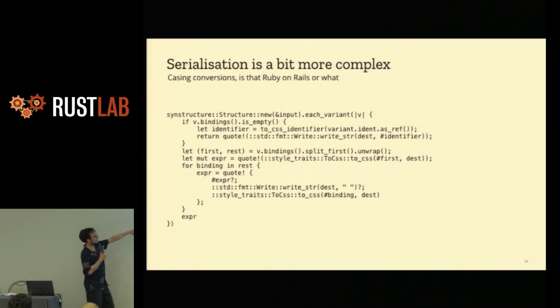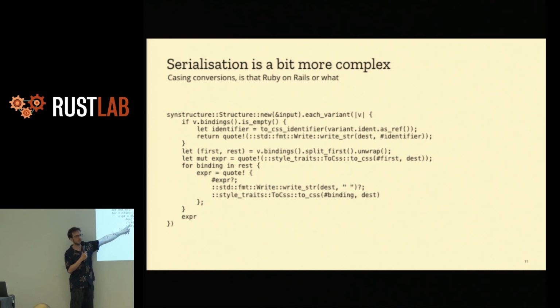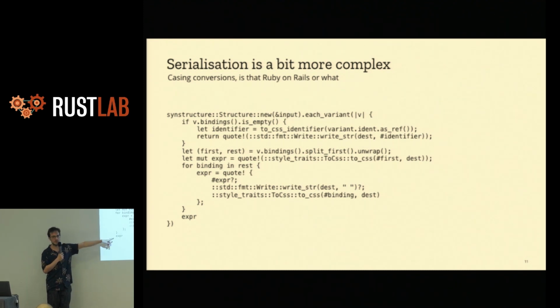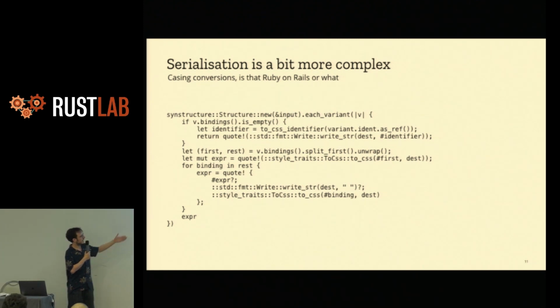And that shows a bit more complex example of the quote macro, where you can just write the code and you have interpolation like in Lisp, but it's with a hashtag symbol instead of the comma in Lisp. And again, you just write the code as if you had written it by hand, but with quotation mechanisms.